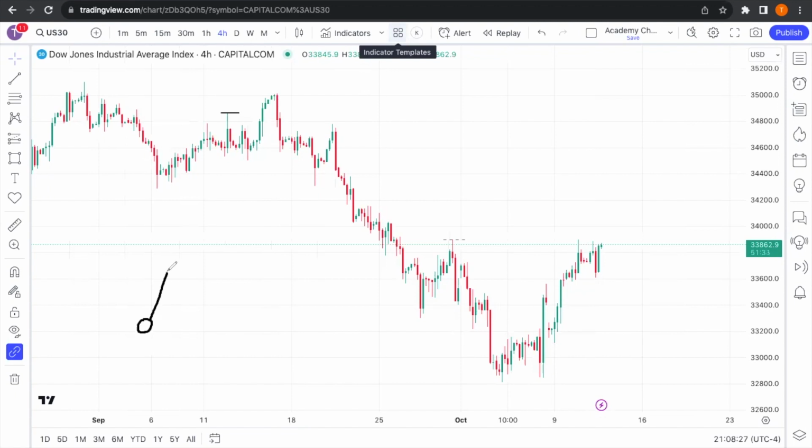I'll just go with a bearish example first. And then once it trades up, you break that high, right? That's why it's called a breaker.